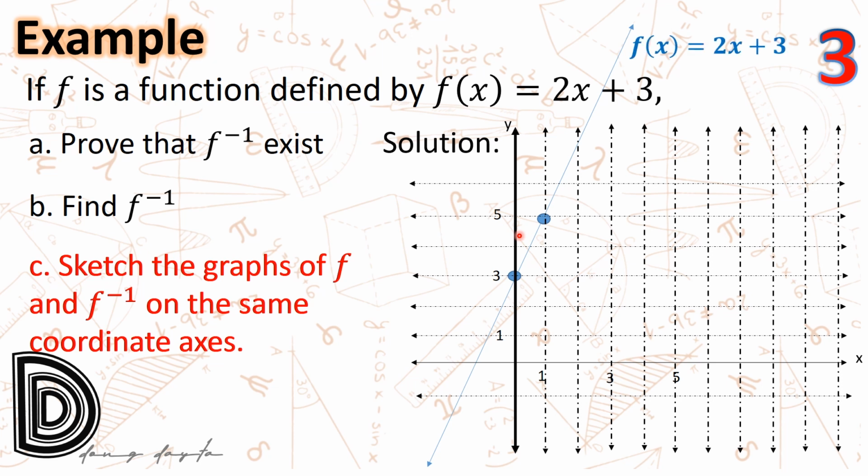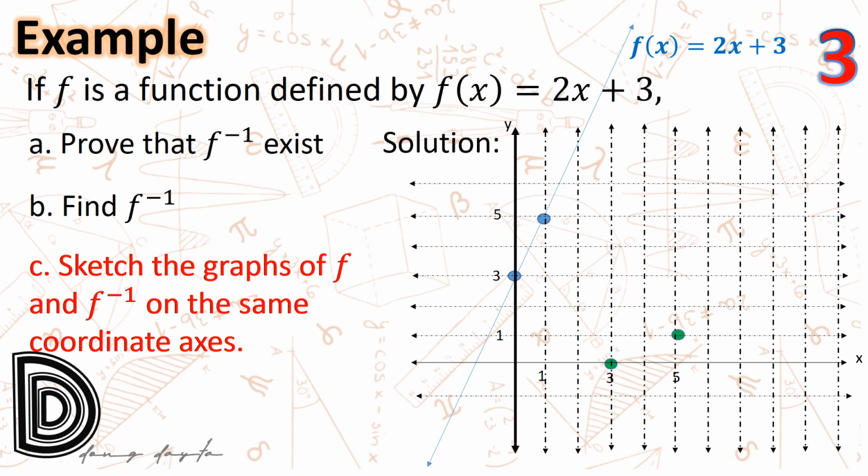Following the way in finding the inverse of f, where we exchange the values for x and y in the ordered pairs, if this is 0, 3, then for its inverse, we will have 3, 0. And if the other point is at 1, 5, then the other point for the inverse of f will be at 5, 1.